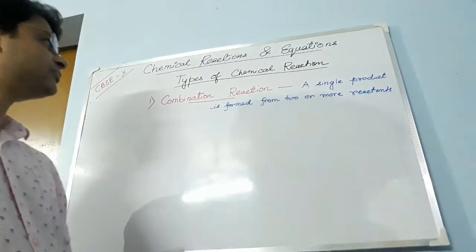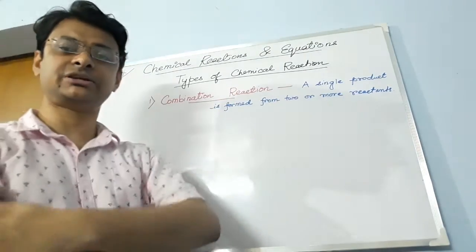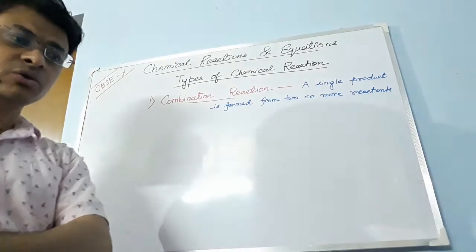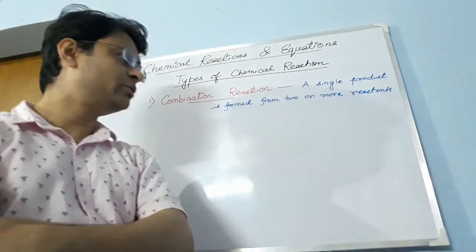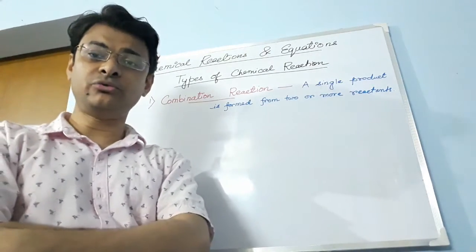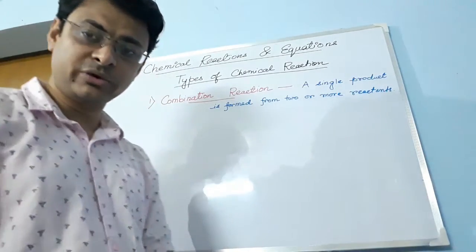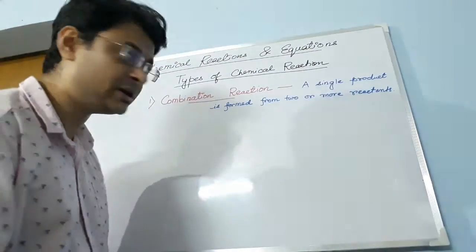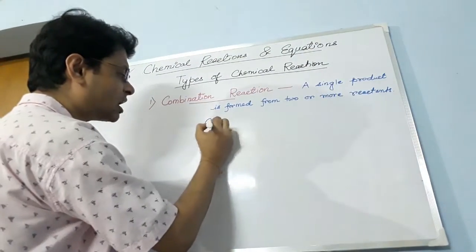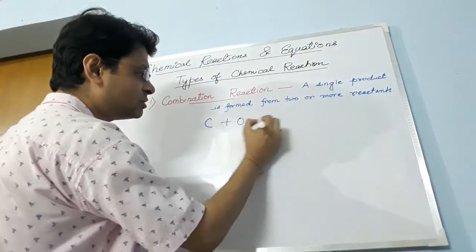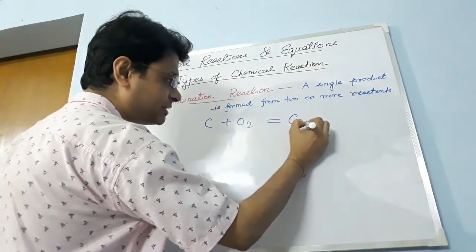So the very first type of reaction is a combination reaction. What is a combination reaction? Whenever two or more reactants combine to form a single product, we call it a combination reaction. Now when I give you an example, it will be clear to you. Suppose carbon burns in oxygen to form carbon dioxide.